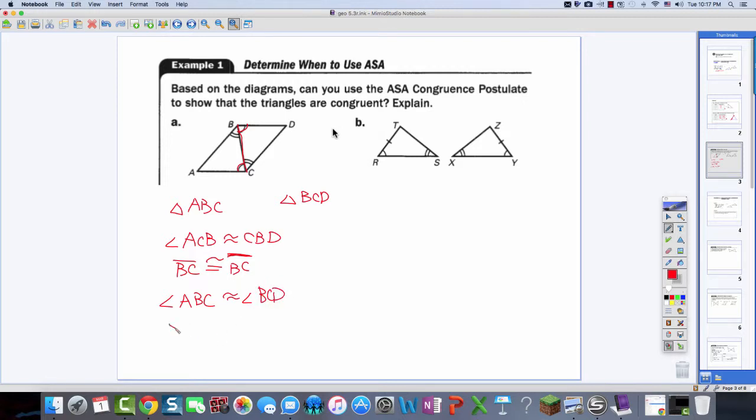So yes, these two triangles are congruent, but be careful which one. Since I started with this one, what's not mentioned is angle A and angle D, right? So I have to write triangle ABC is congruent to triangle DCB.